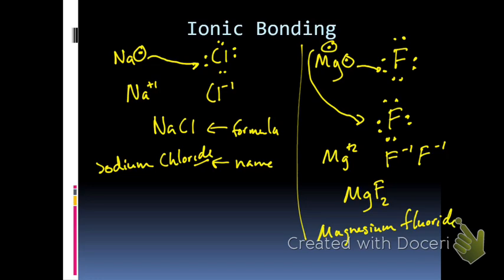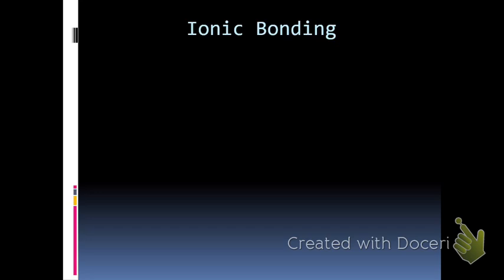One of the more difficult ones would be, for example, aluminum with oxygen. Aluminum has 3 valence electrons, oxygen has 6.